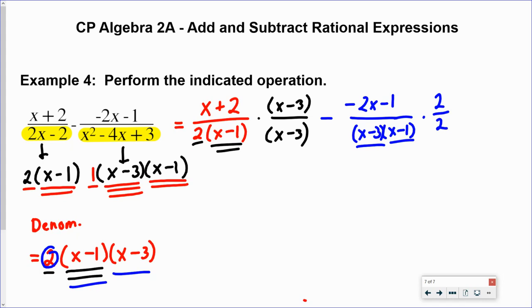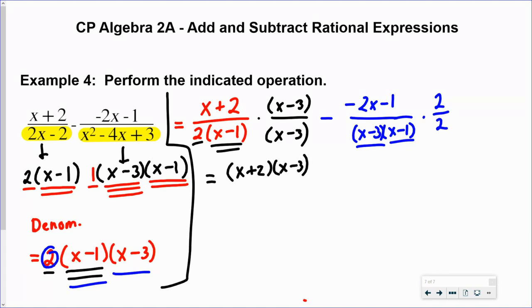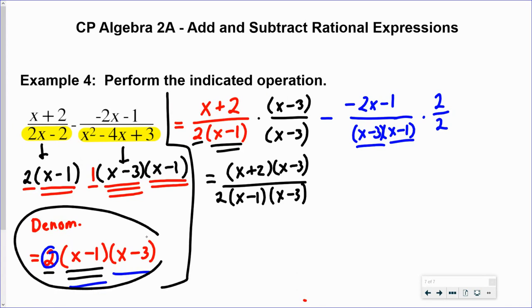All right, so let's go through and do out our process. I'm going to move this over here like that. I'm just going to leave everything in factored form for now. So on the top here, we're going to multiply x plus 2 times x minus 3. I'm just going to leave that as x plus 2 times x minus 3. And now if we multiply the denominators out, we get 2 times x minus 1 times x minus 3, which is good because that's equivalent to what we got for our common denominator.